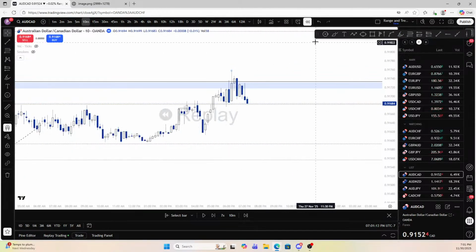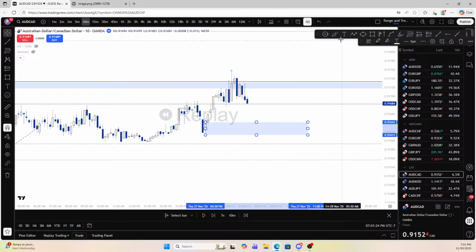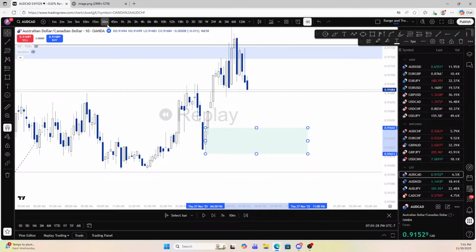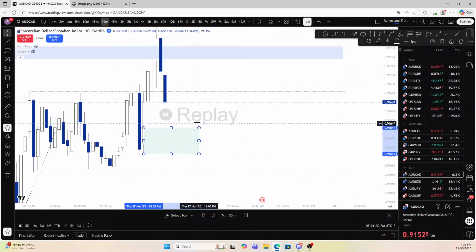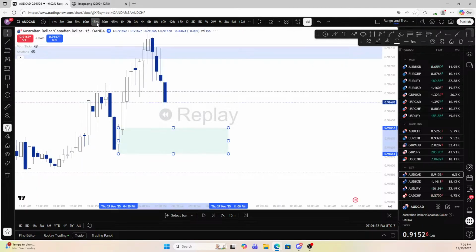So I thought that this was the third tap. I knew that there was created demand here. I knew there was created demand. I'm looking at it on all time frames to make sure I have it right. Created demand.